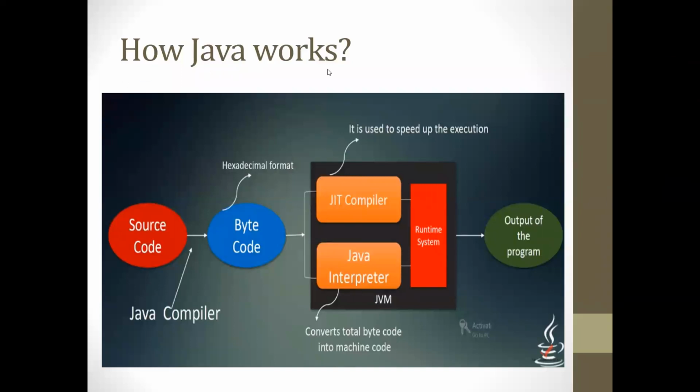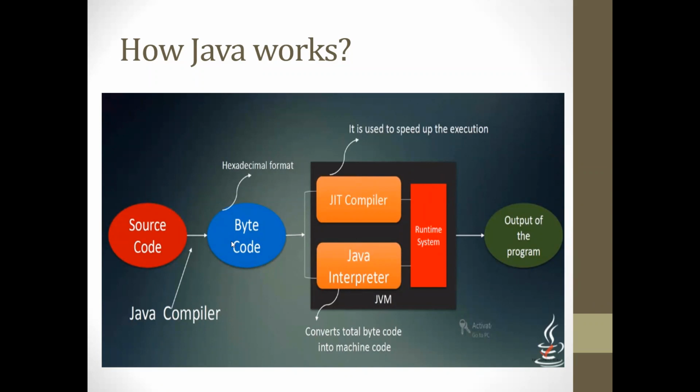Now, how does Java work? This part we had already discussed in the lab part also. As you know, source code, that is a Java program, we save it with the extension .java. Afterwards, with the help of the javac compiler, we compile the program and it will provide us a bytecode.